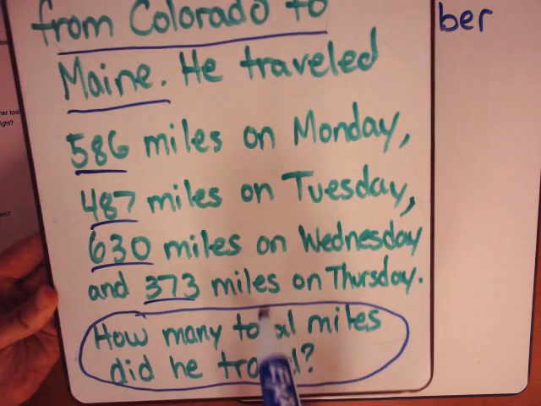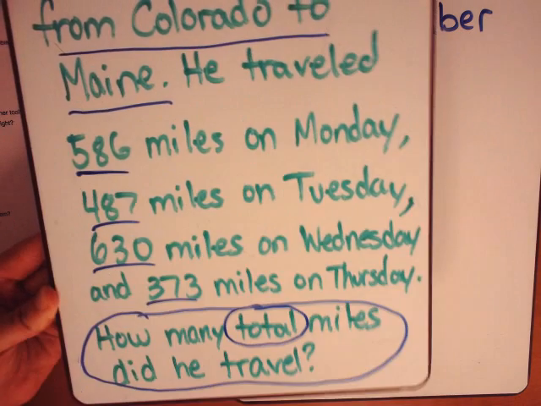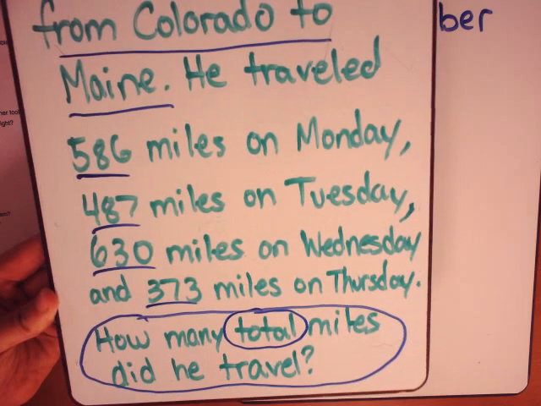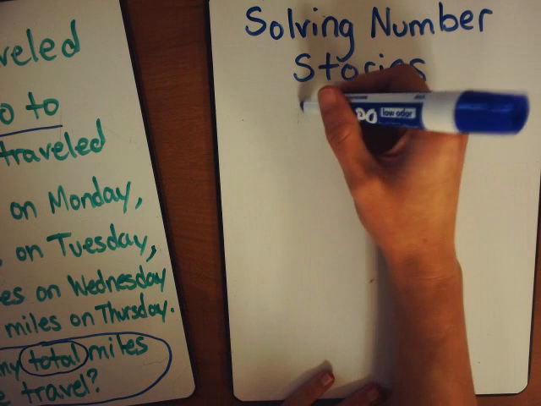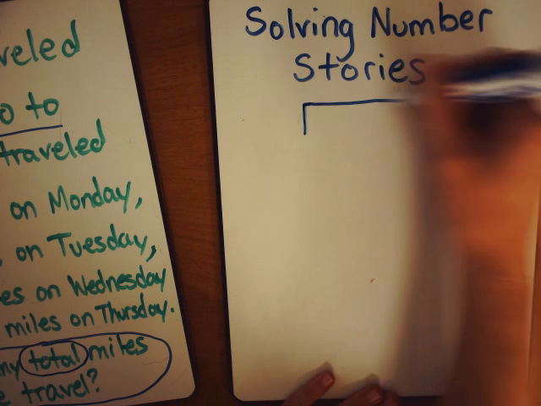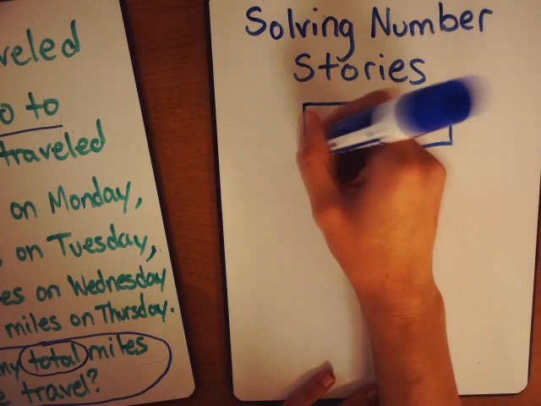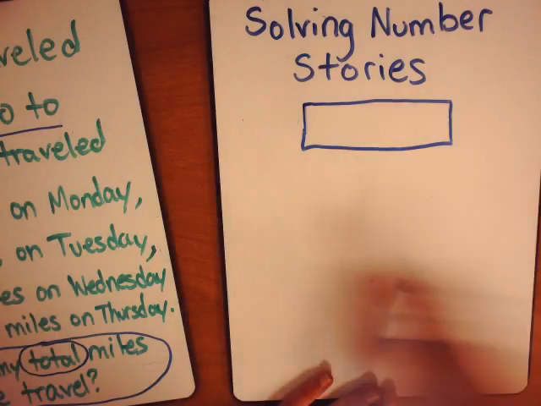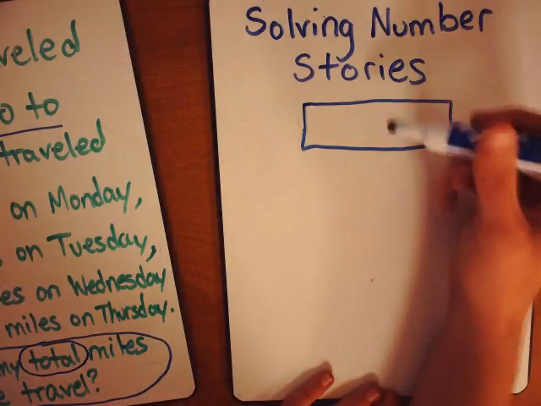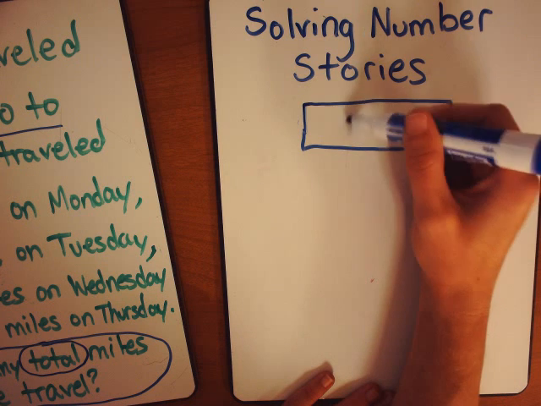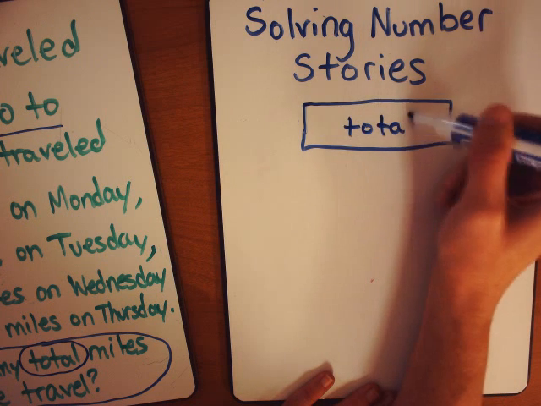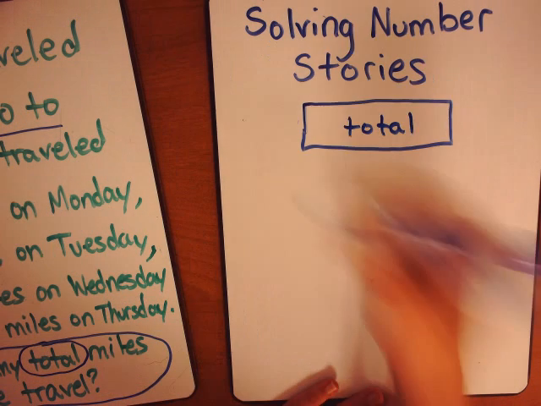It says how many total miles, so I know that I'm going to need to add those up, right? So when I have my diagram here, it's the way I'm going to plan to solve it. I'm going to use what we call a part-whole diagram, okay? So the whole, the total, I don't know. But I do know lots of parts, right?